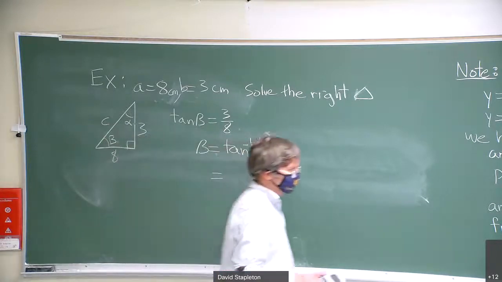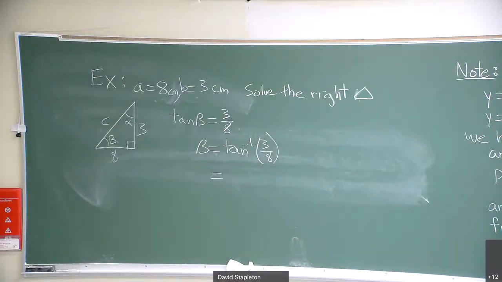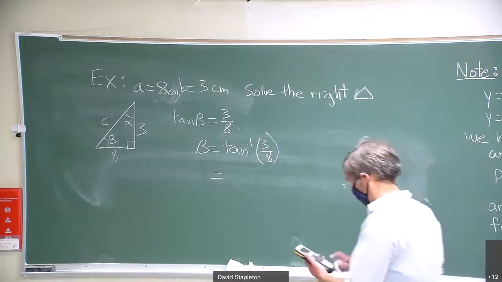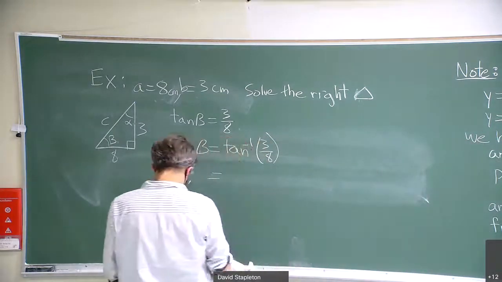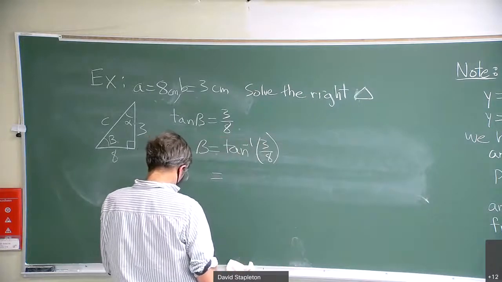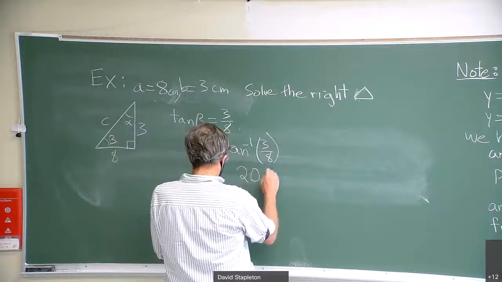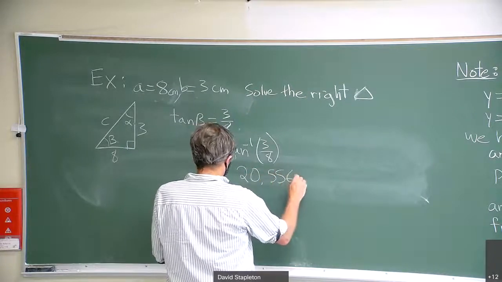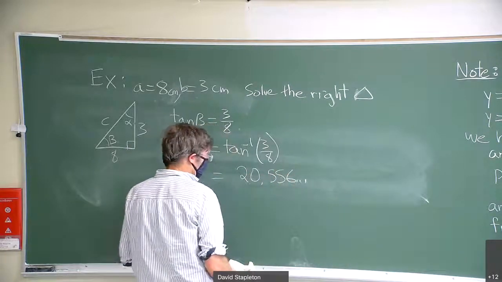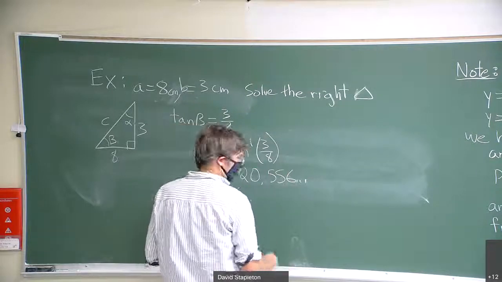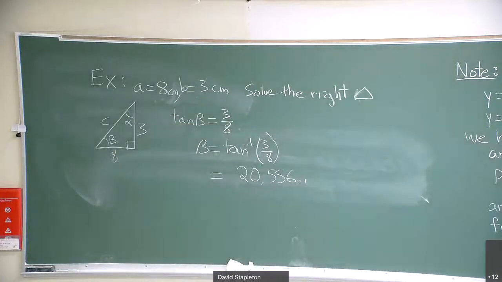I don't know what it said in the instructions. All right, your answer is rounded to the nearest tenth with angles in degrees. So I'm going to put my calculator in degrees mode. And arctangent is evidently 20.556 and a bunch of others. It's rounded to one decimal place, right? Yeah, nearest tenth.